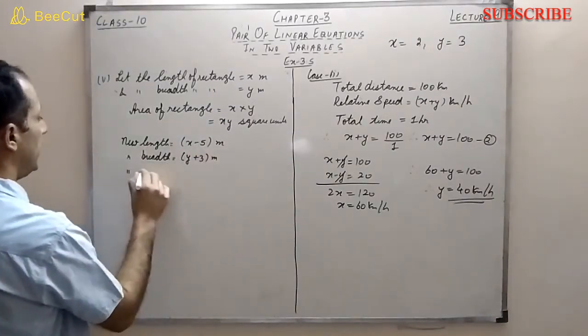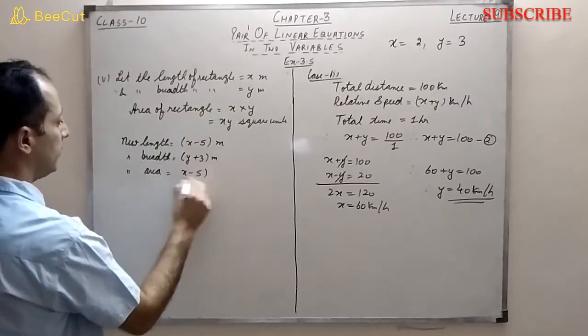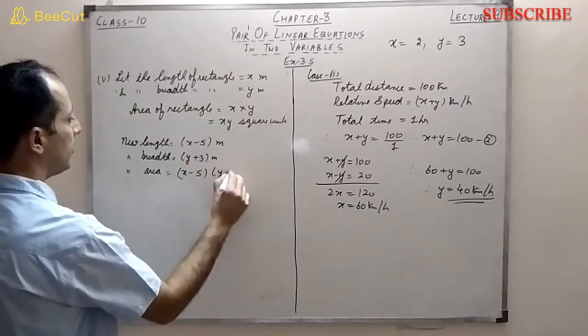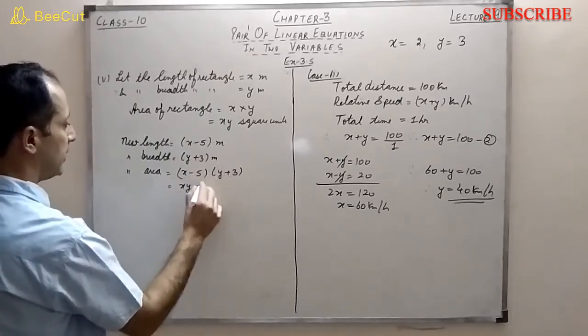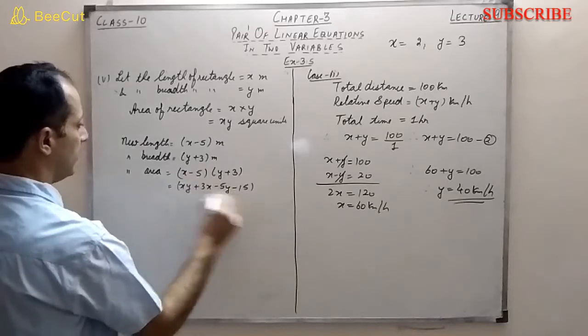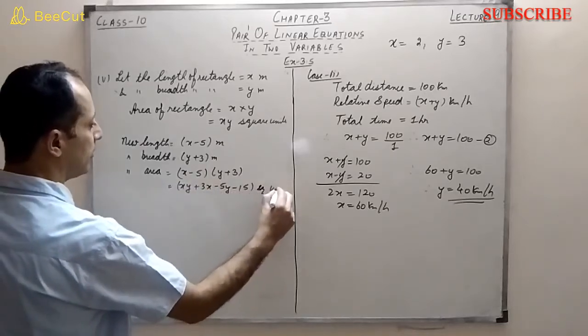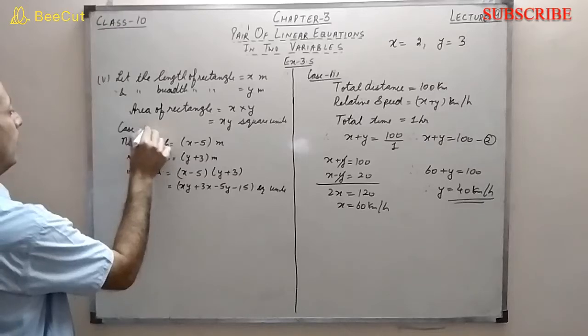So the new area would be x minus 5 into y plus 3. We multiply these two, and this is xy plus 3x minus 5y minus 15 square units. Now this is our case 1.